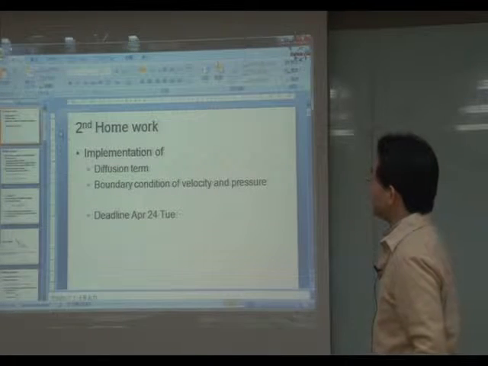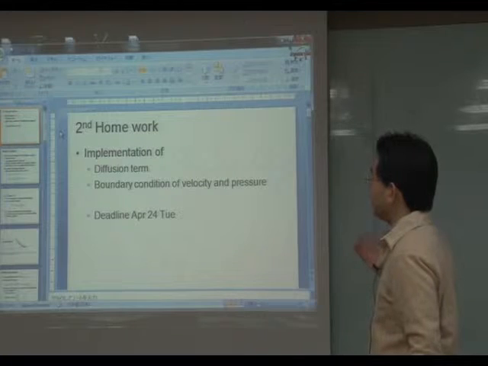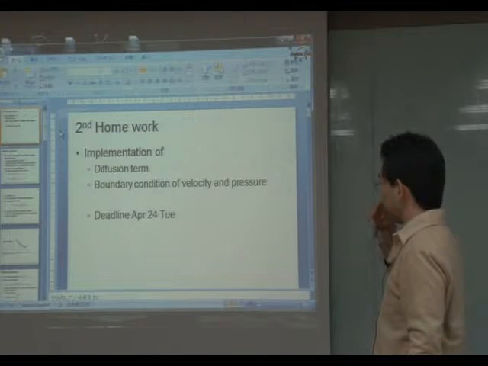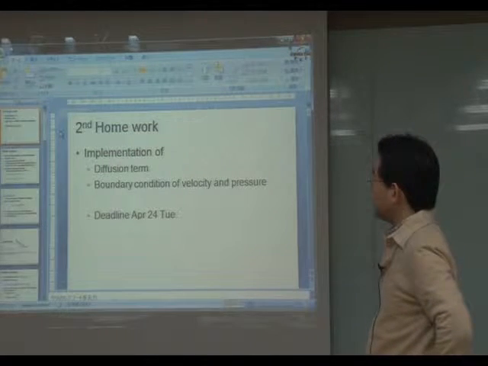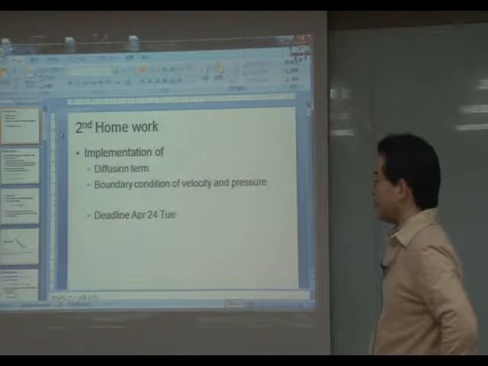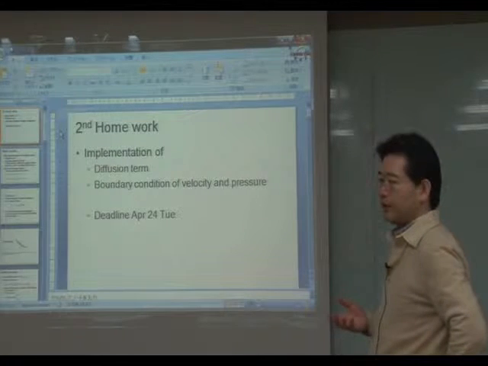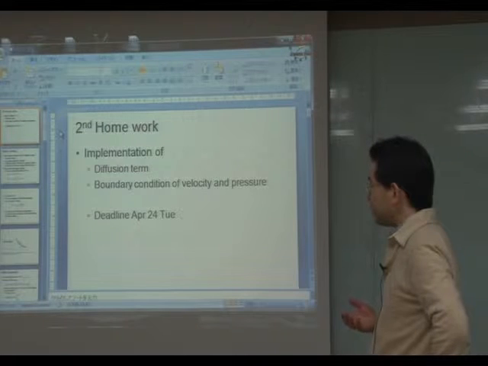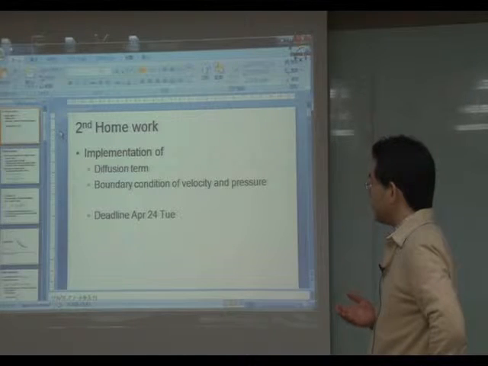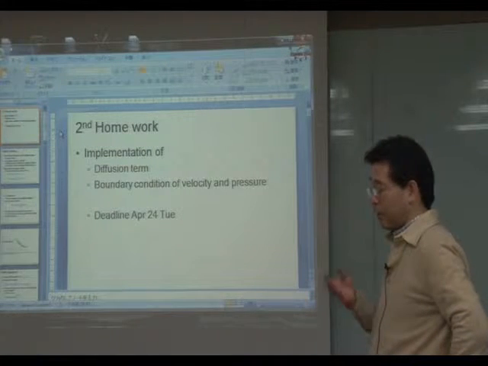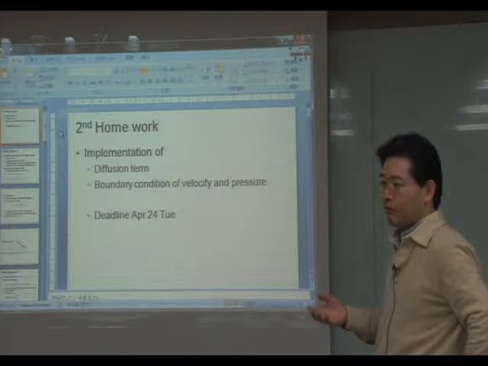I gave you some basics of the diffusion term in the last class, and for the structure of boundary condition, I think you should make one subroutine. In some cases, we will make several boundary condition routines, for example, one for velocity and one for pressure.